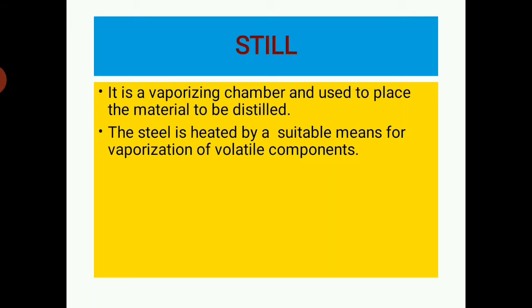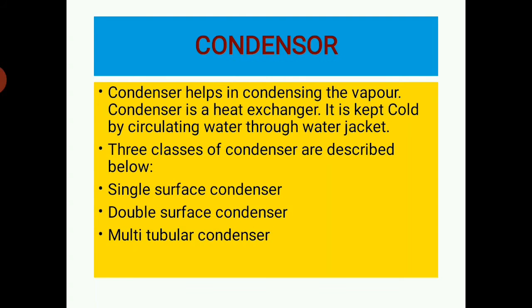The first one is the still. It is a vaporizing chamber used to place the material to be distilled. The size of the still should be such that it is only 1/2 to 2/3 full of liquid. If the still is too large, superheating and sometimes decomposition of liquids may occur.